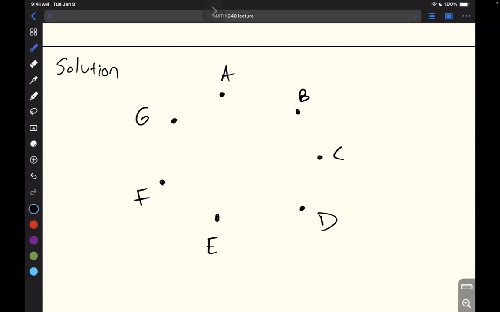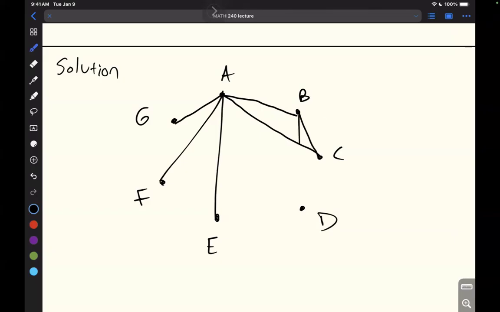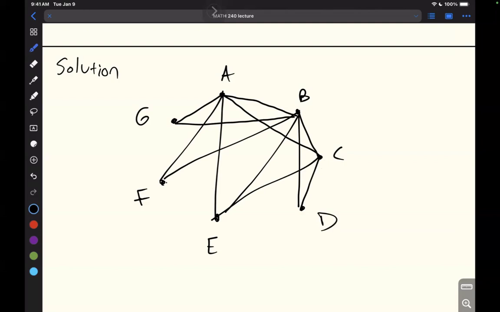Okay, so A has an edge between B, C, not D, E, F, and G. B has an edge to C, D, E, F, and G. C has an additional edge to D, E, F, and G. D, that's about it.